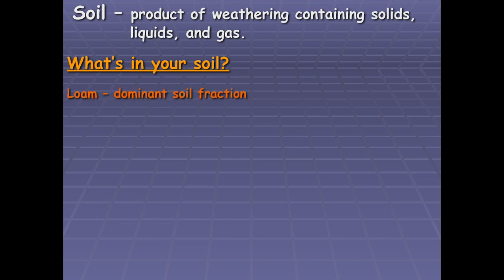To start with, a soil must contain what we refer to as a loam, which is a dominant fraction of grain sizes between sand, silt, and clay. Whenever you pick up a handful of soil, there will be a certain percentage varying between the sand, silt, and clay.